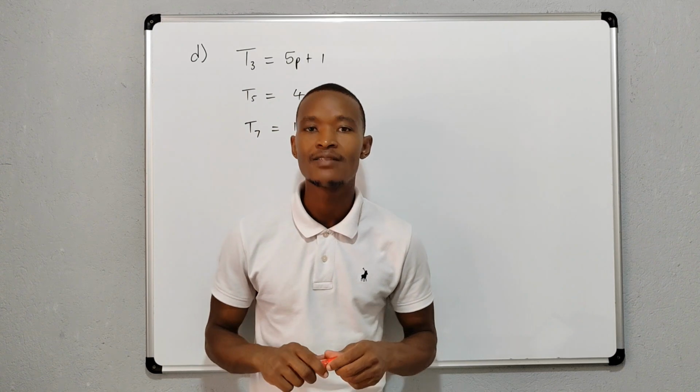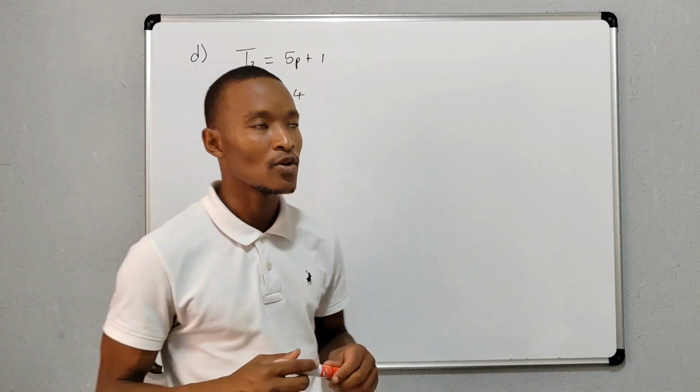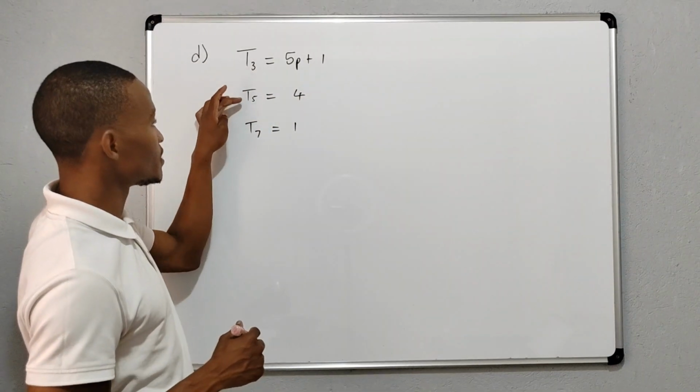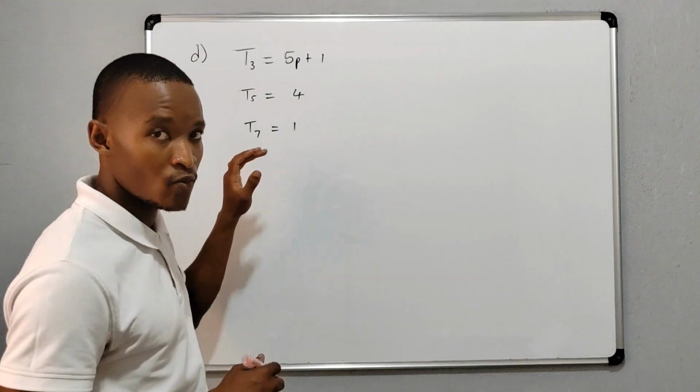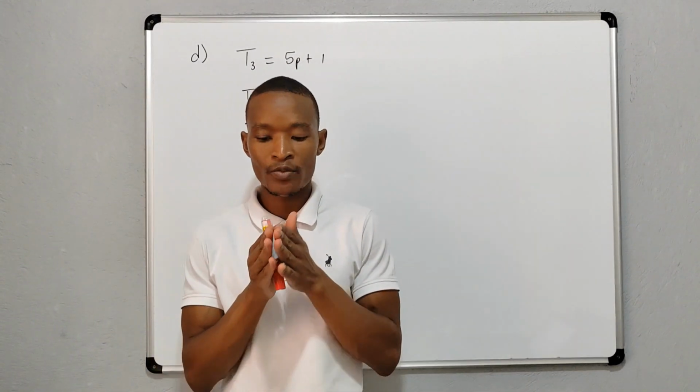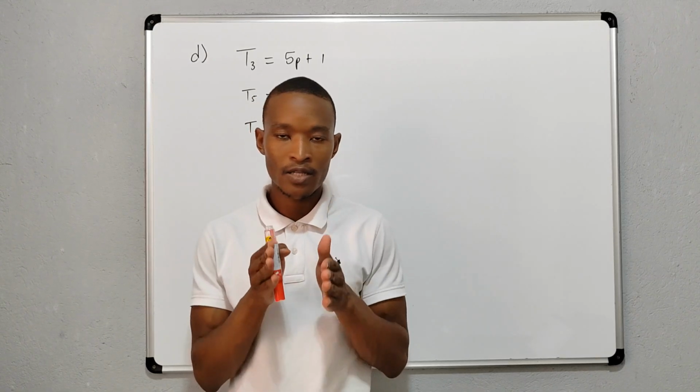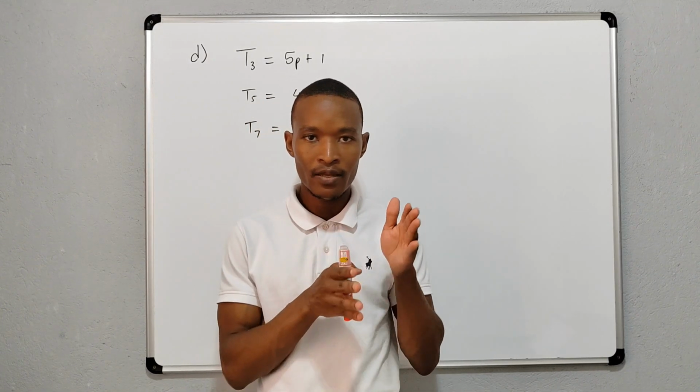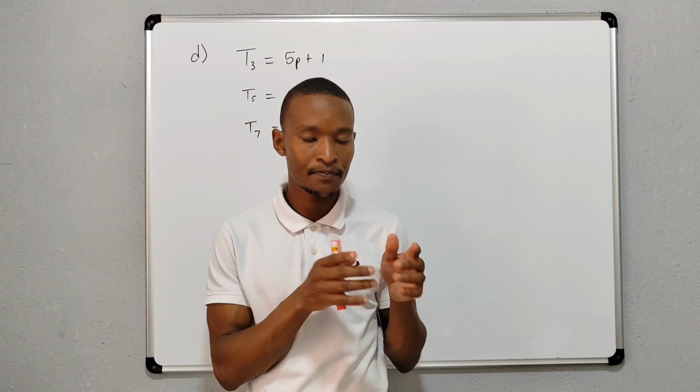Yes, a constant ratio. Okay, so we are given odd number terms. What you need to understand about the constant ratio is that yes, we find it between consecutive terms, T1 and T2, T2 and T3, T3 and T4, like that.